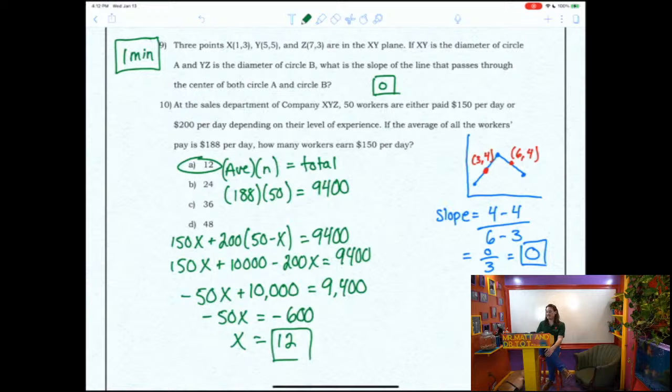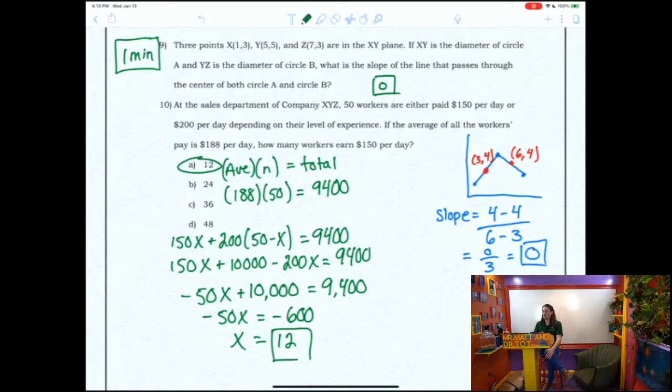$150 times x plus $200 times (50 minus x) workers is equal to 9,400. Just make sure that you distribute that 200 inside the parentheses. 200 times 50 is equal to 10,000. 200 times negative x is equal to negative 200x.